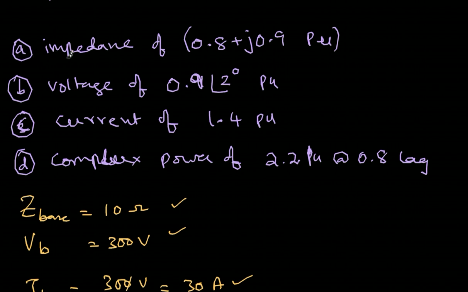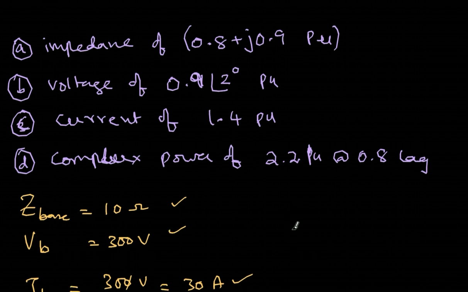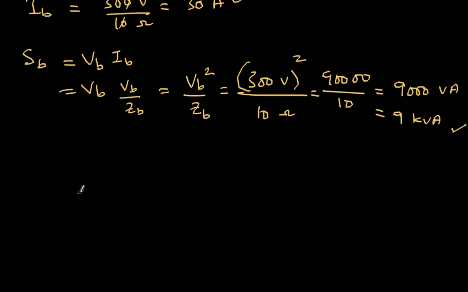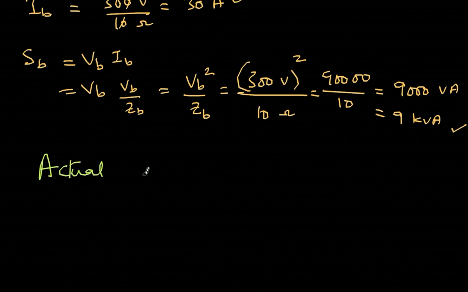Okay, first one is impedance of 0.8 plus j 0.9 per unit. So the per unit value is given, and I want to calculate the actual value. Since it is impedance, I will use the base impedance. The formula we are using is actual is equal to per unit into base quantity.